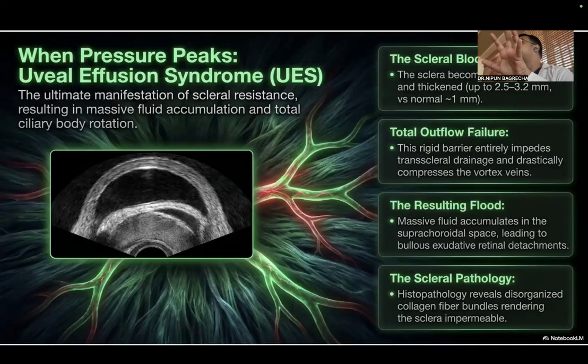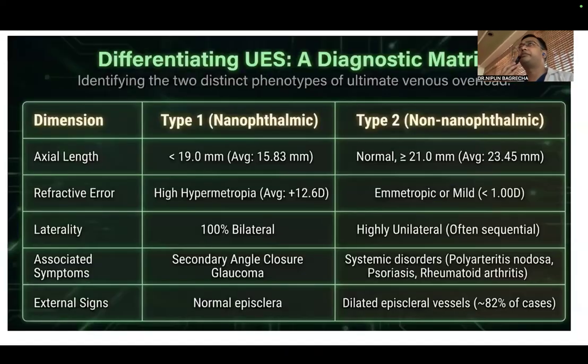When the vortex veins are compressed, the watershed zone, because the vortex veins and the choroid have a venous overload choroidopathy, that is the Dr. Spade theory. Because of the venous congestion and back pressure, the pachyvessels happen, and this uveal effusion syndrome also happens. This is the mechanism of scleral resistance, and more research is going on this.